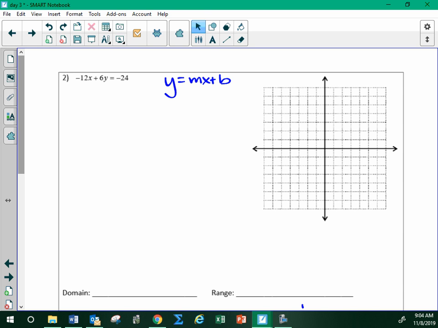I don't understand. Because what happens is if you try to count 12, you're going to go off the graph right away. So we want to simplify it.